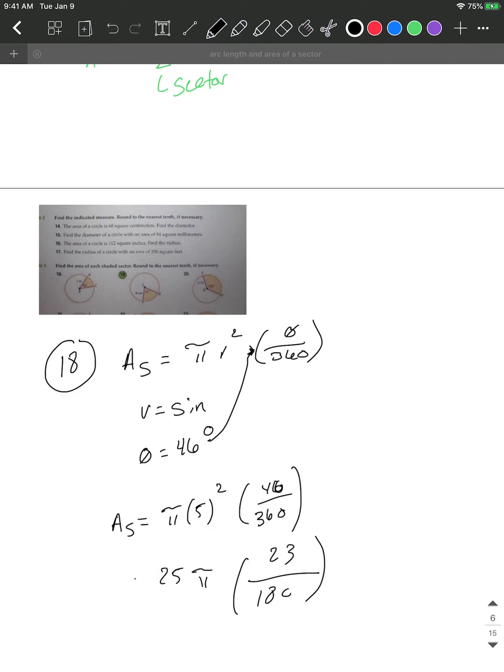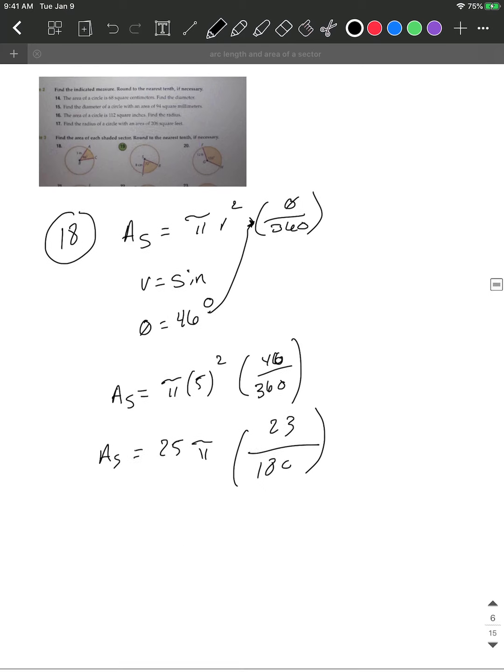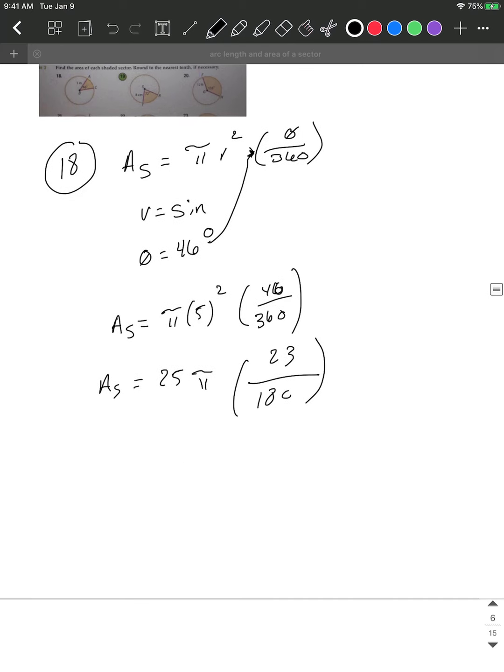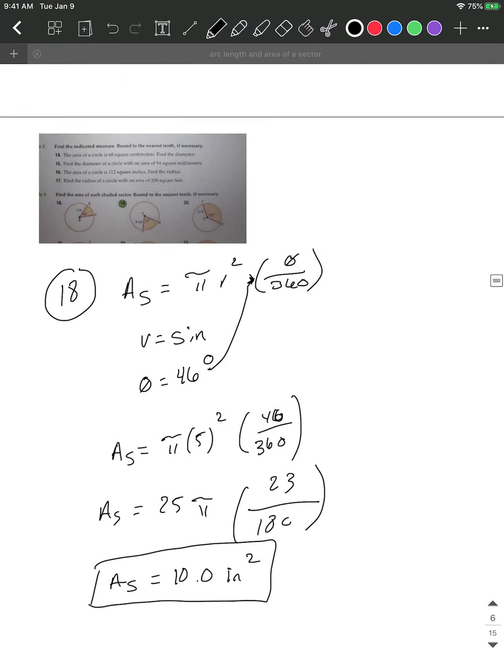I'm just using my calculator for that. Now from here, we're going to multiply that all out. So we notice that the area for this sector will be 10.0 inches squared. From this formula, we can see that would be specifically the area of that sector.